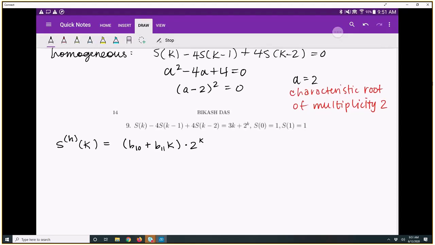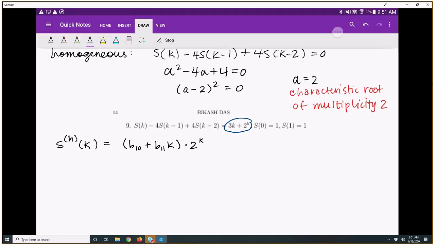Now, we'll try to form a particular solution by looking at the function on the right-hand side, which is 3 times k plus 2 to the power k. Now we have one other problem, which is that the root of the characteristic equation matches the exponential base of the exponential function on the side.